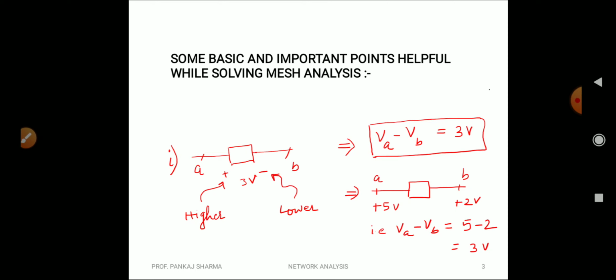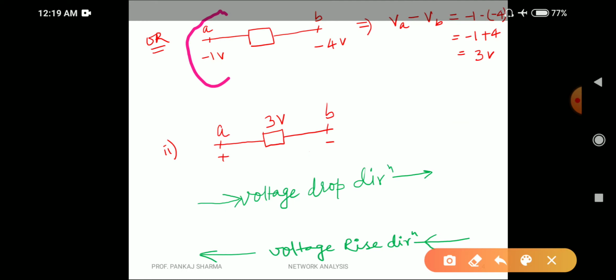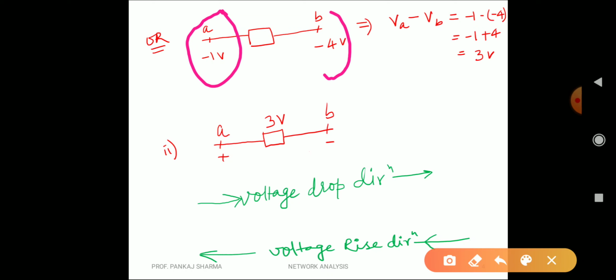It is very important to understand and digest this concept. This will be very useful while solving lots of numerical examples. The same concept can also be given as: point A at potential minus 1 volt, and point B at potential minus 4 volt.